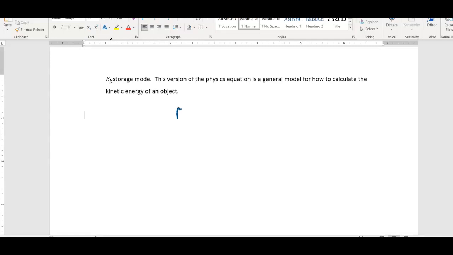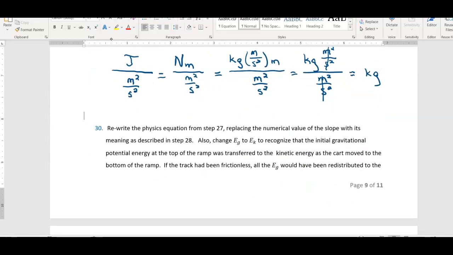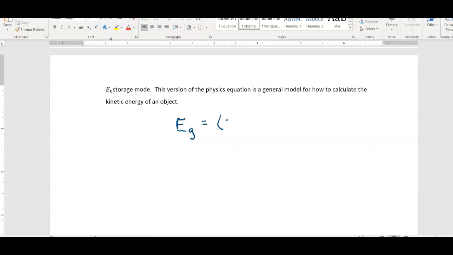So basically, our original physics equation was, I don't remember the number, 0.159. But now I'm going to replace this with 1/2 of the mass, and I'm going to replace EG with EK.